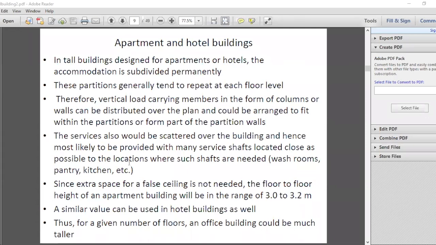Now, another thing that you see in apartment buildings is that the washrooms may be arranged at various locations within the apartment, and at each washroom we generally tend to have a shaft within which the services can be accommodated.